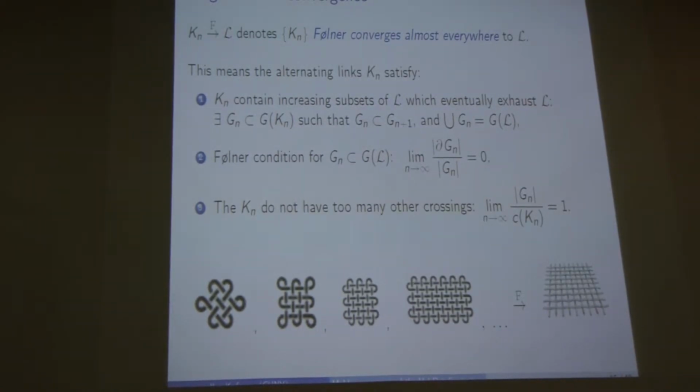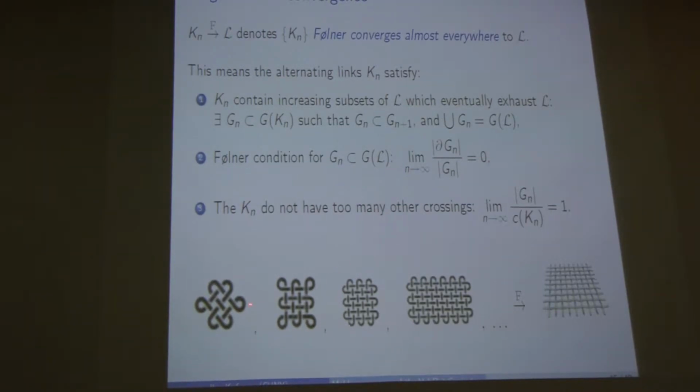These links contain increasing subsets G_n of L, which eventually exhaust the biperiodic link. There's a Følner condition that the limit of the number of vertices in the boundary divided by the total number of vertices goes to 0. And you want these knots or links to not have too many other crossings, so the number of vertices in G_n divided by the number of crossings goes to 1.